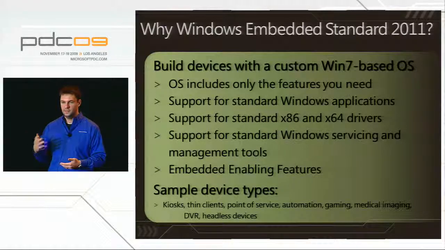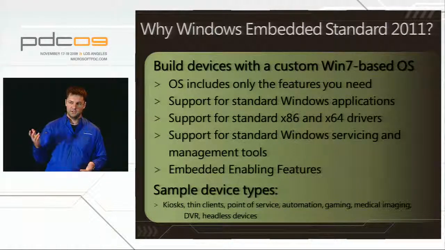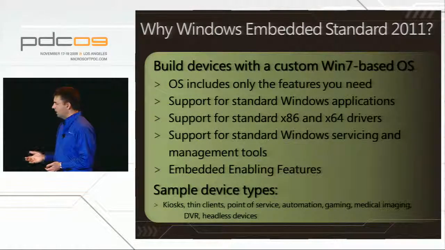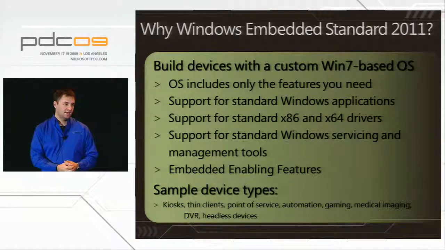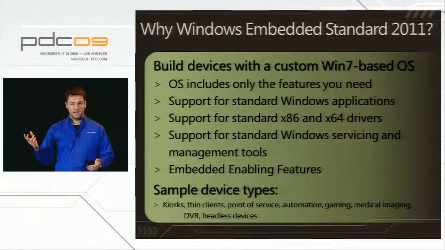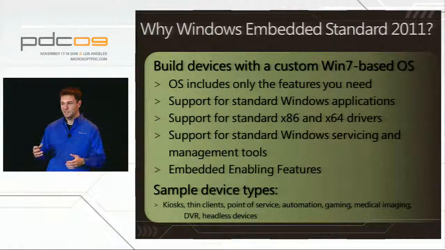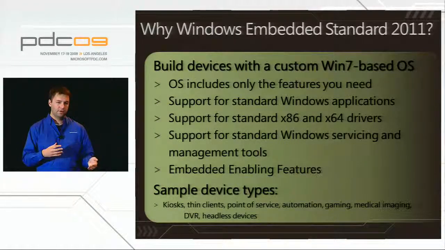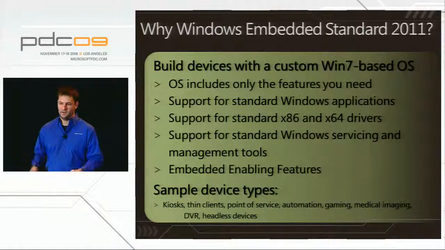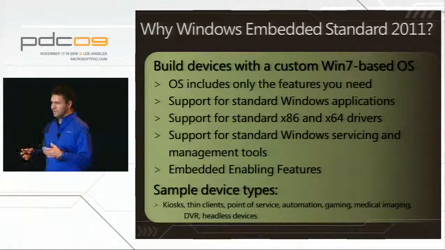You can use the typical .NET libraries or just the Win32 APIs. You can use your standard x86 and x64 drivers and just build the operating system that meets the needs of your application, but stripped down so that you don't have the bloat of things like Windows Media Player or Media Center and the things that you wouldn't need on your typical embedded device.